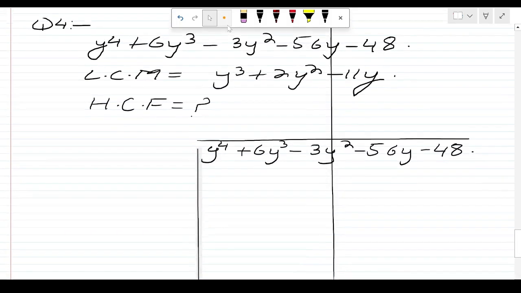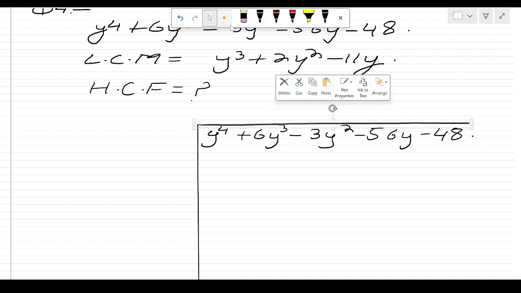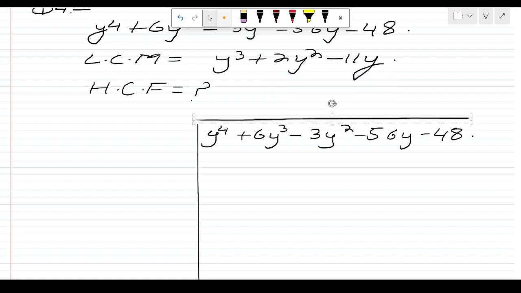I'll add it here, and then outside we will write our LCM, which is y cube plus 2y square minus 11y. Now y power 4 will be divided with y cube, that results in y only. So y quotient will be multiplied throughout these polynomials.